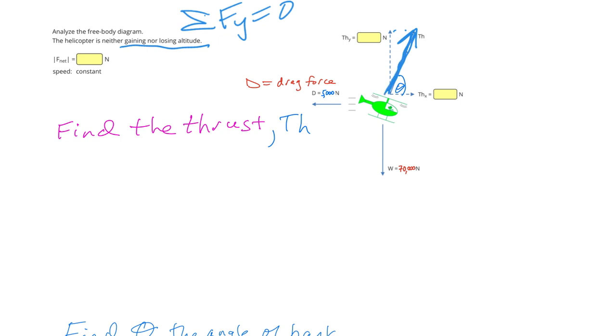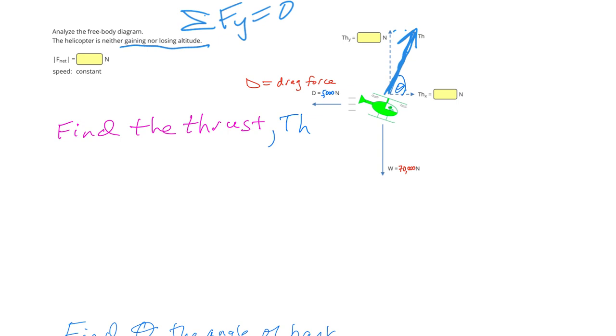Okay, so I don't know what that angle of slant is. Let me erase it.